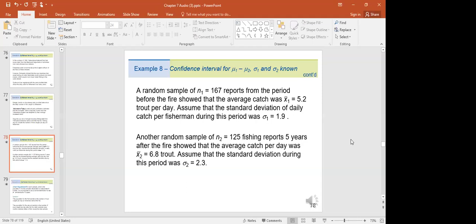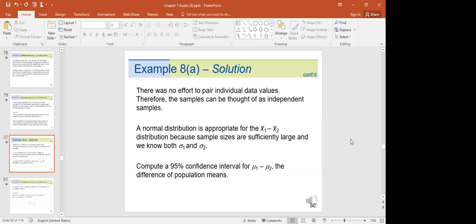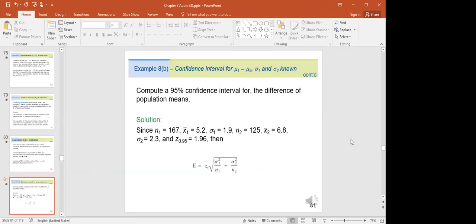Sample mean is 6.8 and sample size 125. Good. Having this information, we look for the confidence level. They ask us to compute the 95% confidence interval. So the confidence level is 0.95. Then we calculate.